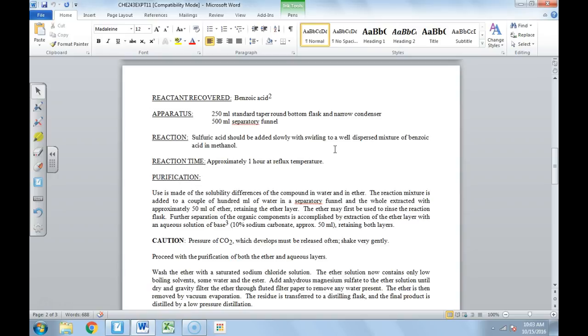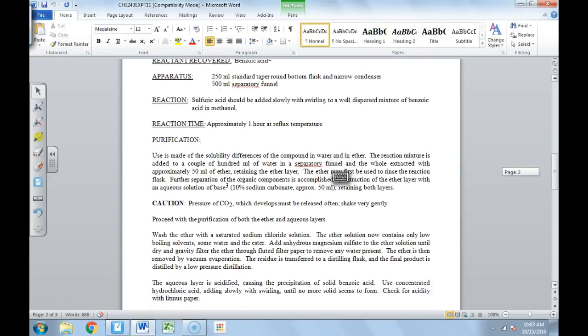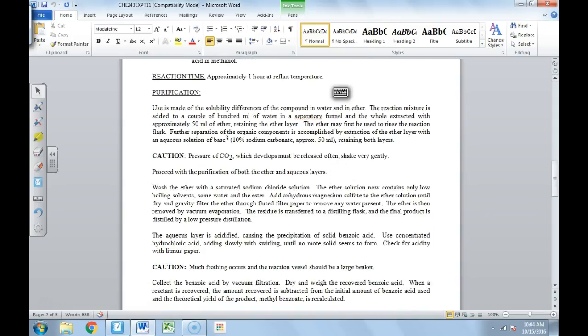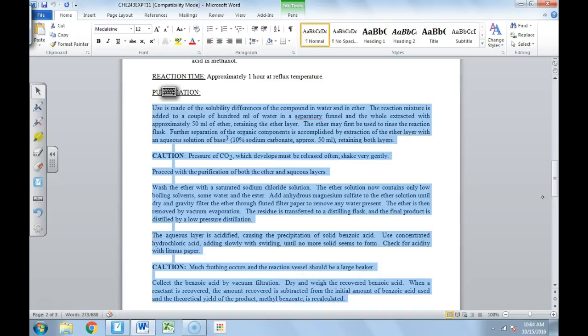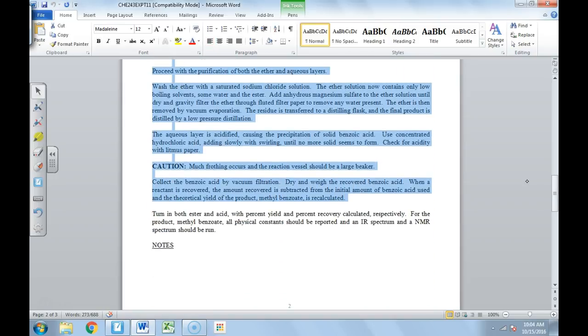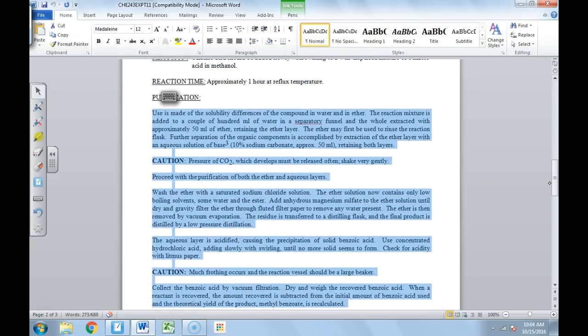Okay. And not only do you not have to spend years looking for a procedure, this here is the purification method that you are going to use. Now, the funny thing is that this purification method is slightly different than what you have used in the past. Not horribly different, but slightly different, and it really tests your ability to A, follow directions, and B, understand the chemistry that is going on.